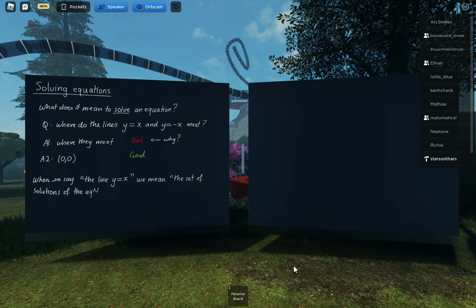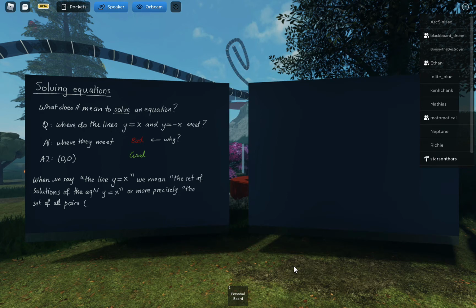Alright, well, so the line y equals x is the set of solutions of the equation y equals x. Or more precisely again, the set of all pairs. I mean, what's a solution?